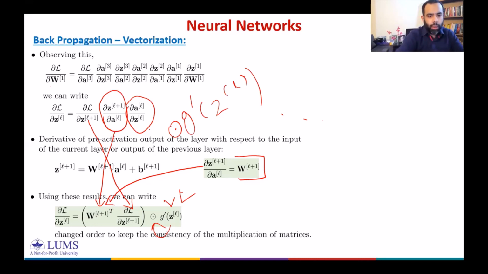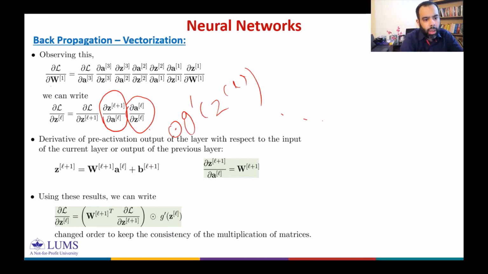Clear? Finally, we have this very important relationship. Using this, we can compute the derivative of the loss function with respect to the pre-activation output for every layer. It simply needs the weights in the next layer, times the derivative of the loss with respect to the pre-activation output for the next layer, times the derivative of the activation function.